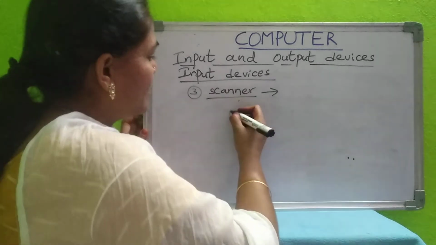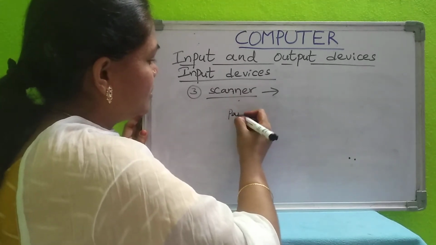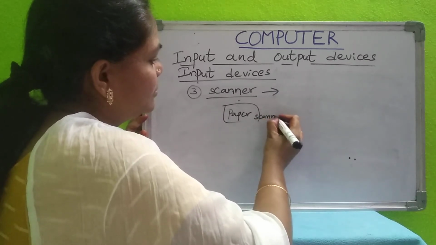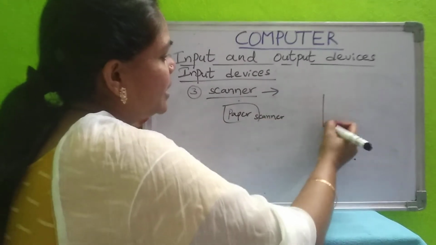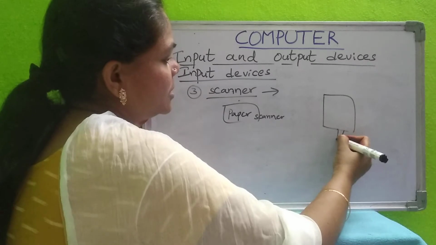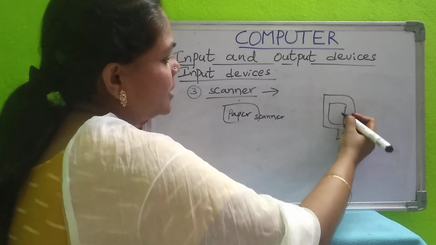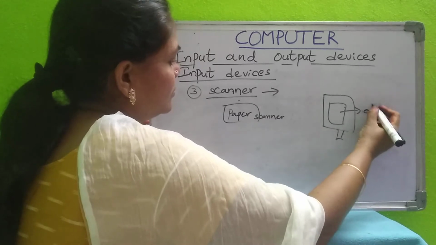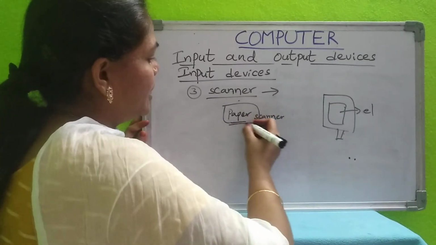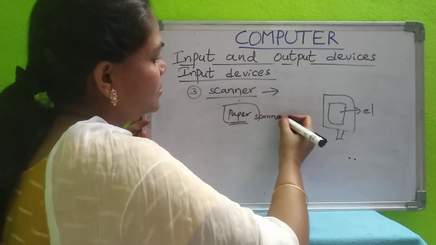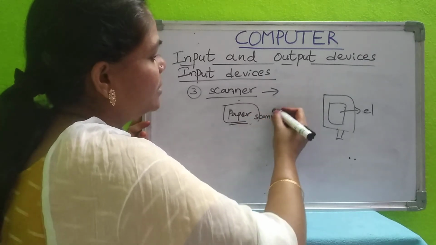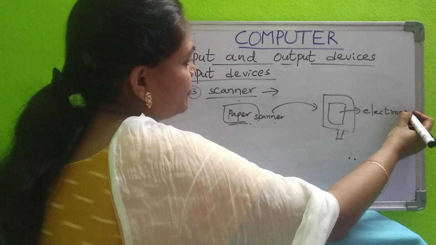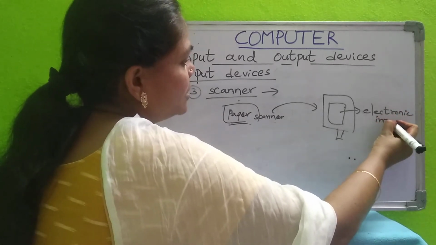So if you keep any printed paper in the scanner, it will make the electronic image in the system. Here you can see that electronic image. Any printed or written paper is converted into an electronic image in the computer.